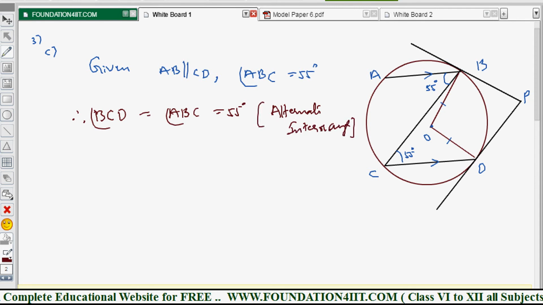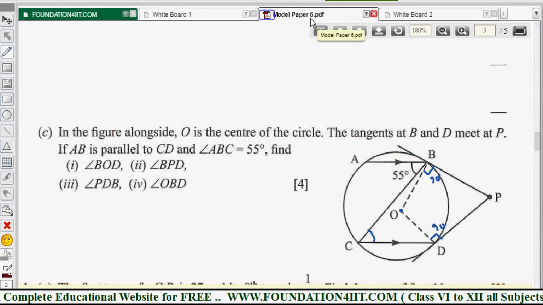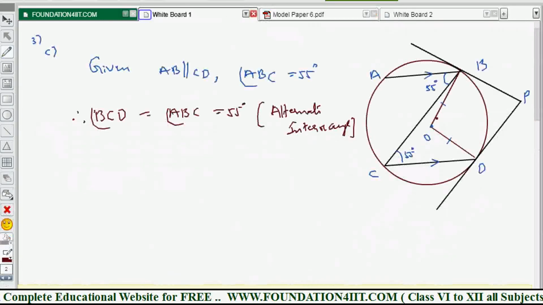Now we need to find out, first question, angle BOD. If you observe, angle BOD is this. BD is an arc. The angle subtended at the center is double the angle at the remaining part of the circle. That means the angle at the center is 2 times the angle at the circumference.